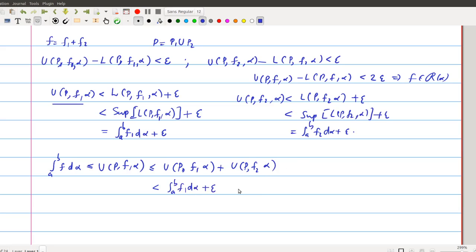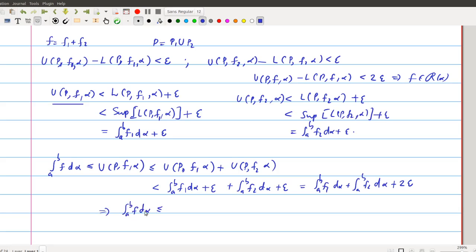This is less than the integral from a to b of f2 d alpha plus epsilon. Which is equal to the integral from a to b of f1 d alpha plus the integral from a to b of f2 d alpha plus 2 epsilon.